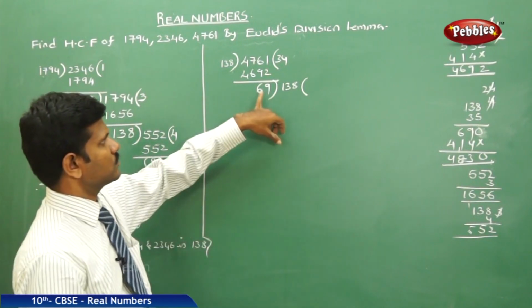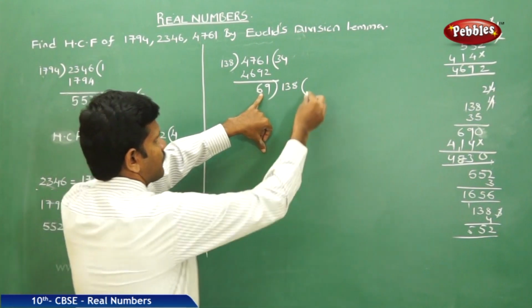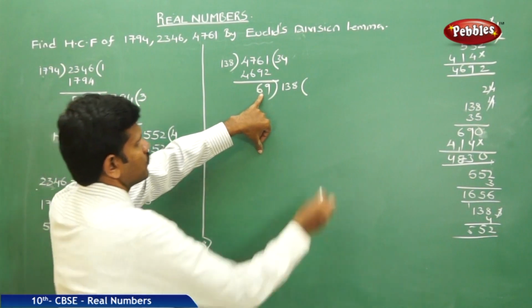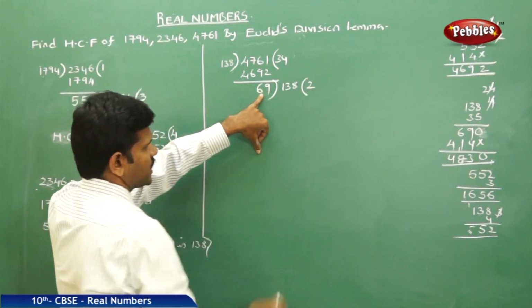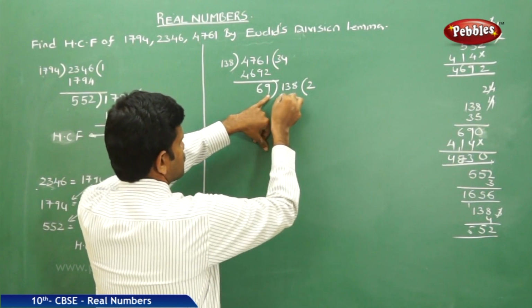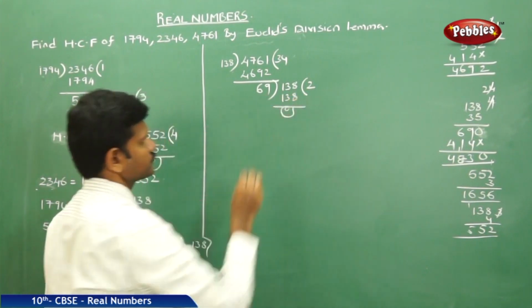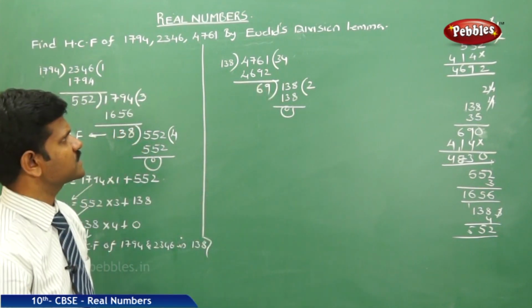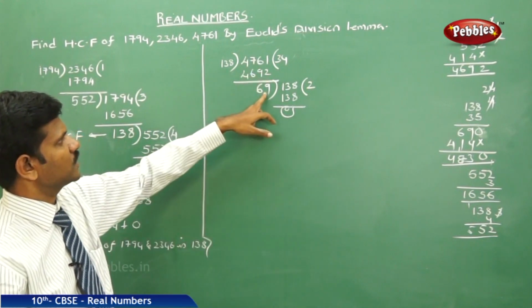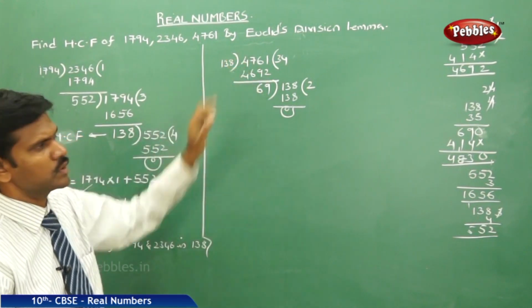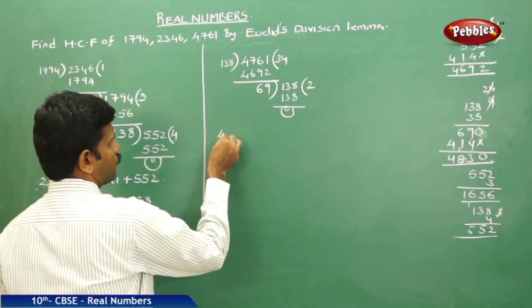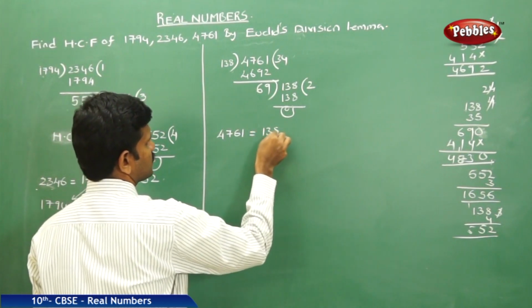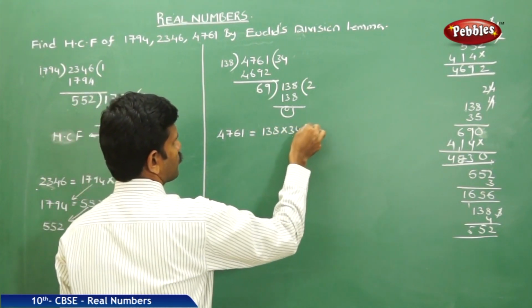Now that is 1 time; 2 times means 140. 2 times 69: 9 2s are 18, yes, 138 is sufficient. Therefore, sorry, 69 is the HCF of the given two numbers. Therefore, arrange this: 4761 is equal to 138 into 34 plus 69.